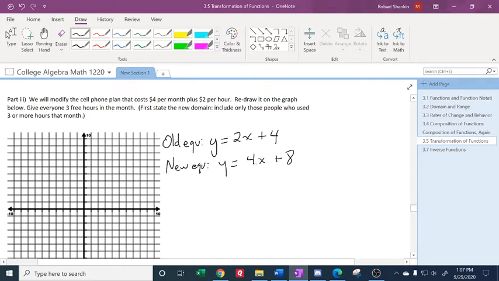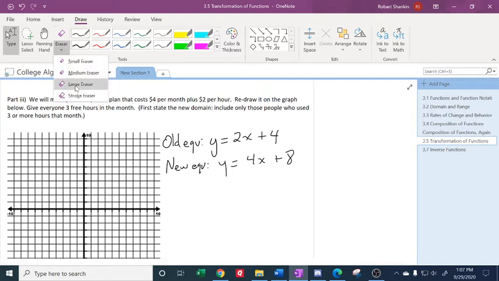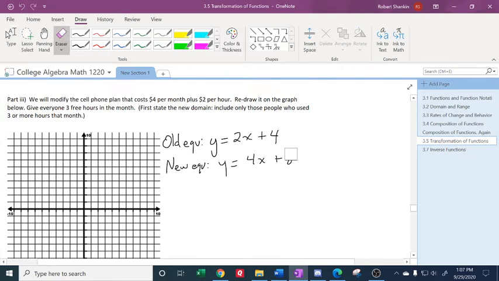How'd you come up with 4x plus 8 from the 3 free hours? Can you explain? I'm sorry, I'm still using the old equation. Okay. Any ideas within this new one, or you want to pass on this one? Can we pass? You bet. And I'm going to open this up to anybody. Anybody have a guess as to this with the 3 free hours in a month?